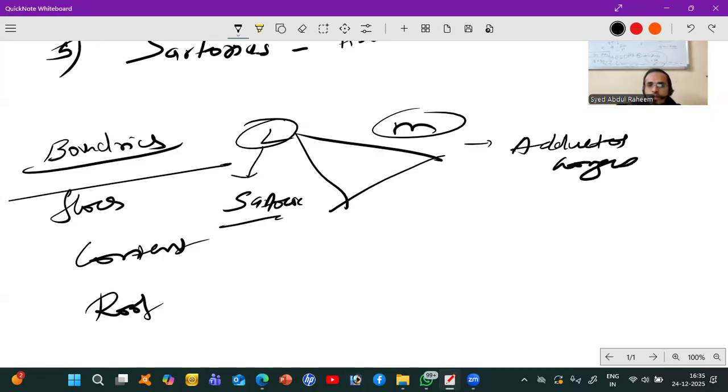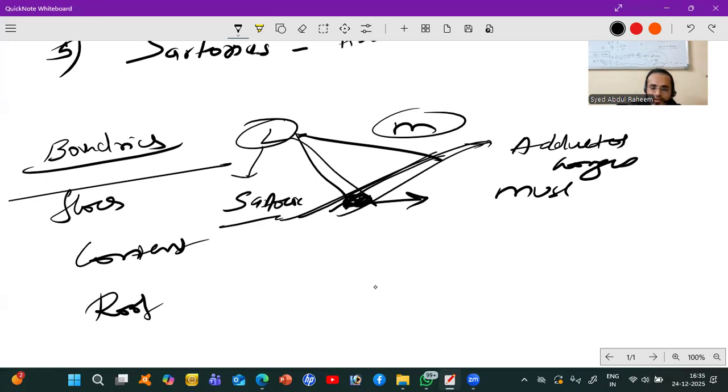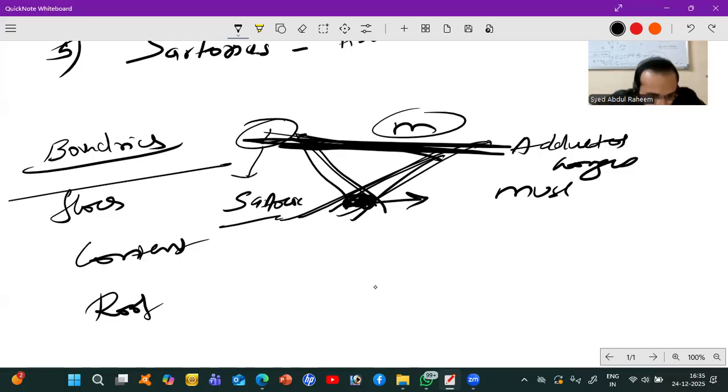The base is by the inguinal ligament. Here sartorius, here adductor longus, and where they meet is the apex.